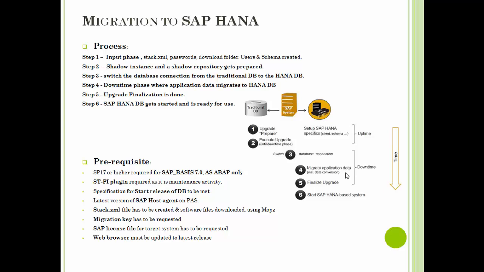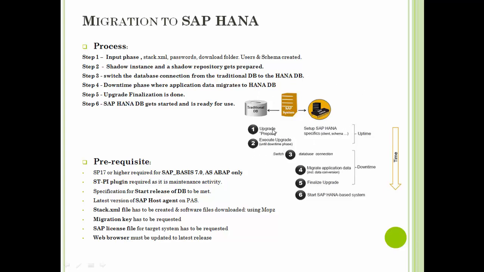And then finally, in step 6, SAP HANA database gets started and is ready for use. So with this, we have the SAP solution running on SAP HANA database. So with all these steps, we have Unicode conversion, upgrade activities, and migration activities executed in one shot.